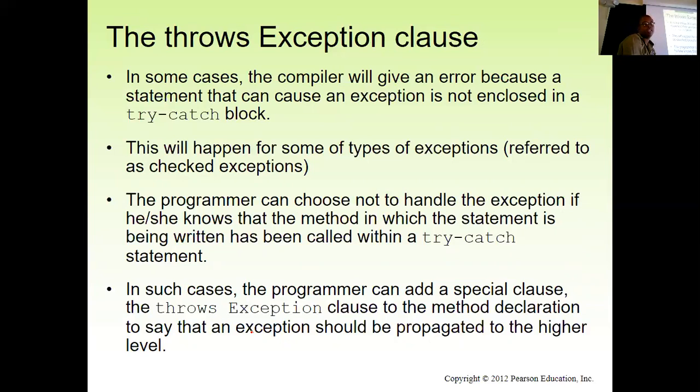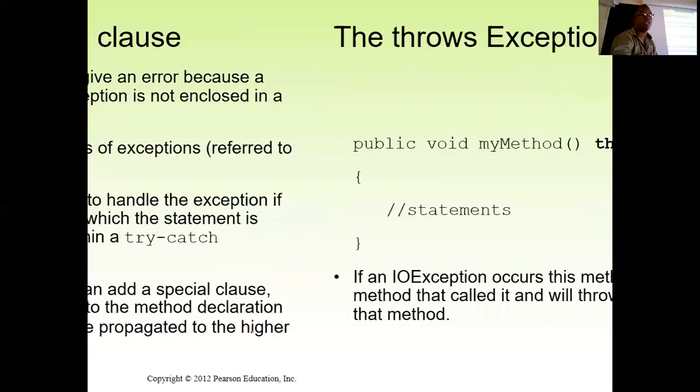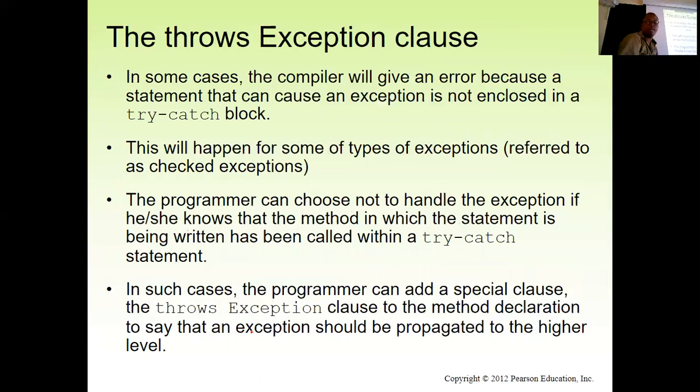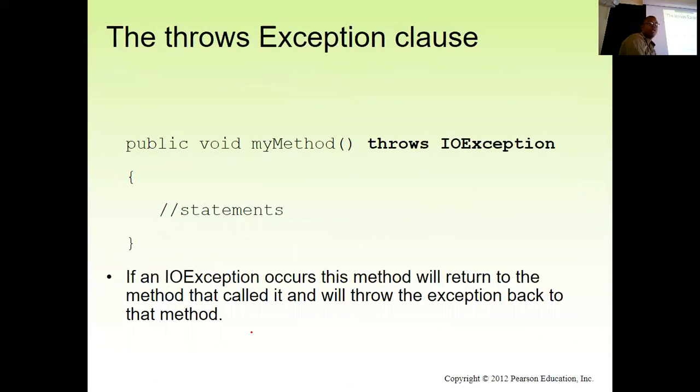So in such cases, the programmer can add a special clause called a throws clause to the method, declaring that an exception should be propagated to the higher level. And what that really means is that it has to be handled further up.